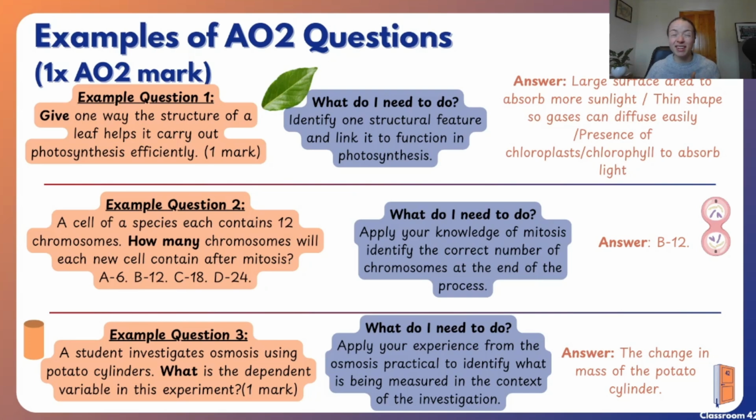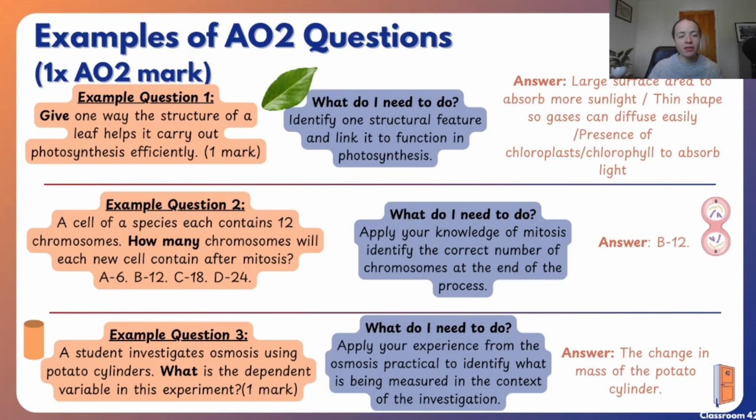So identify that one structural feature that you would like to talk about and link it to the function in photosynthesis. There are a couple of different ones you could have here. I've got a few written down, such as a large surface area to absorb more sunlight, a thin shape so gases can diffuse easily, or the presence of chloroplasts or chlorophyll to absorb light.